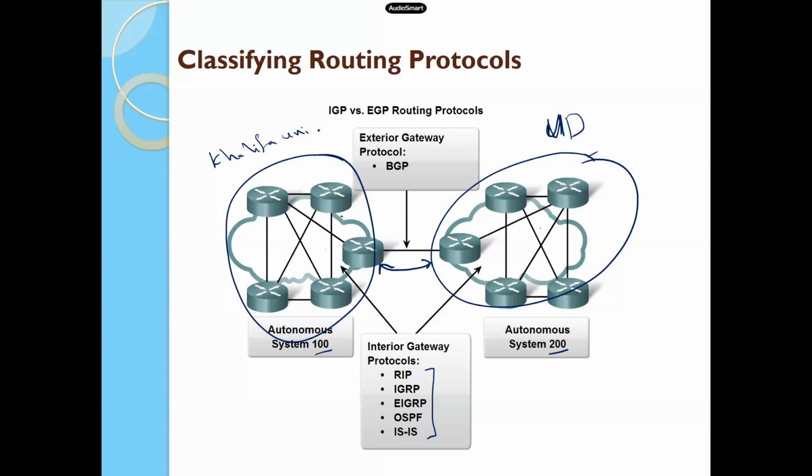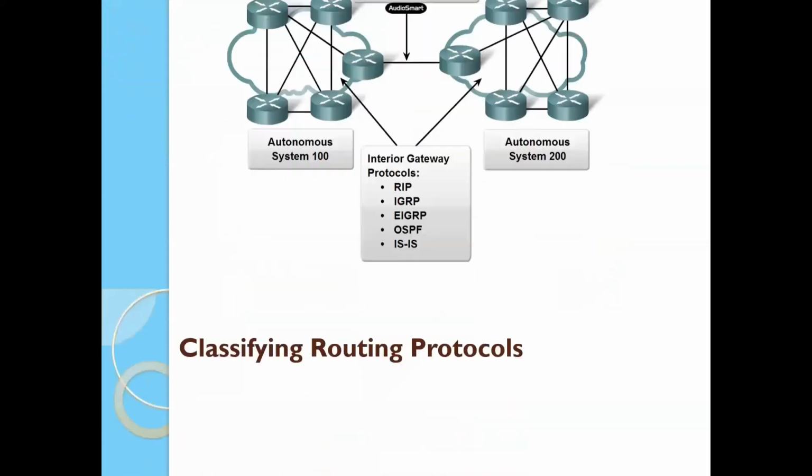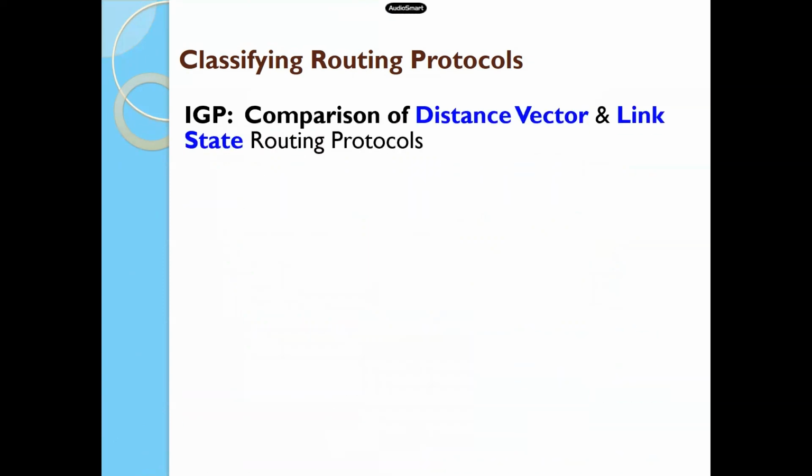Khalifa University has the same. But if you want communication between these two universities, we need the BGP, the border gateway protocol. This is for the sake of illustration and example. So that's one way of classification, based on the gateway protocol and autonomous systems.